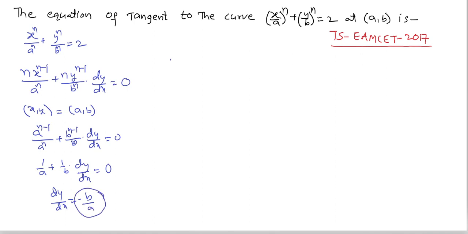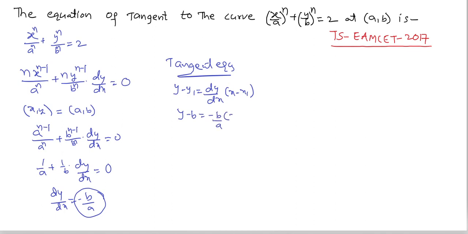Now we find the tangent equation. That is y minus y1 is equal to dy by dx into (x minus x1). So y minus b is equal to minus b by a into (x minus a). Dividing by b, (y minus b) by b is equal to minus (x minus a) by a.